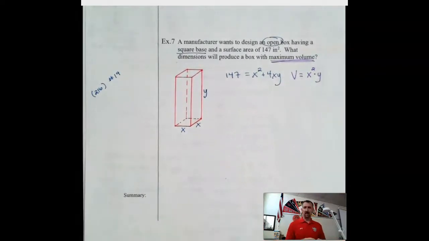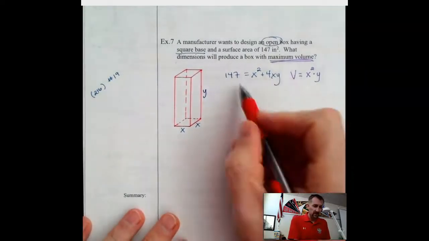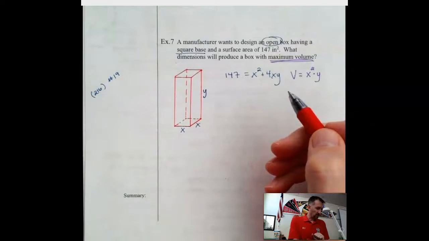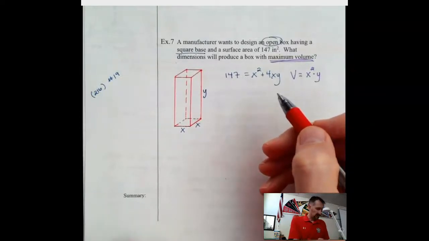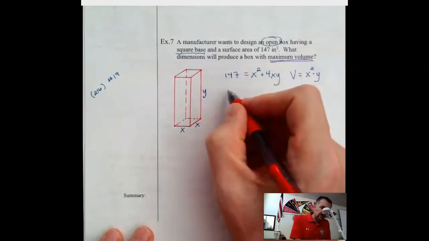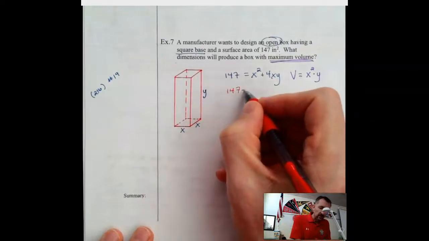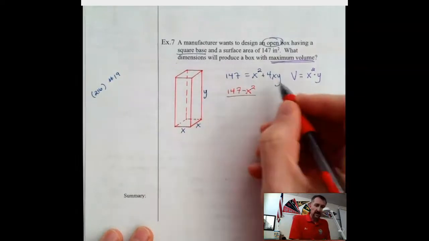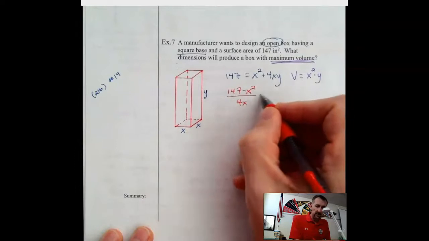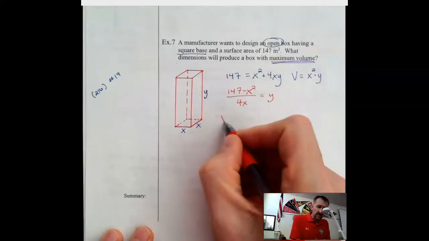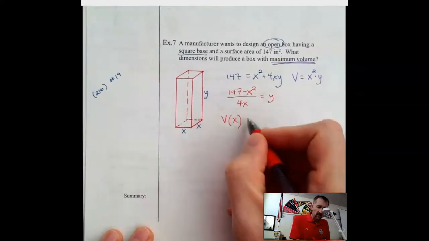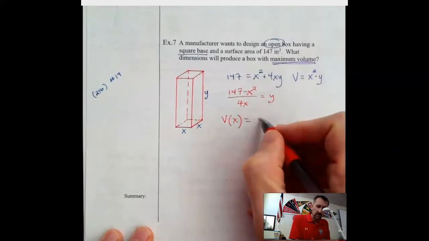So our next step is to eliminate one of the variables. We want to get it in terms of one variable. So I'm going to solve this for y. I'm going to subtract x squared from both sides and divide by 4x. So now we can substitute that in for y into our volume equation.